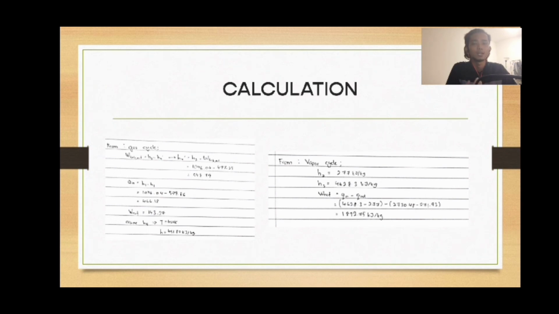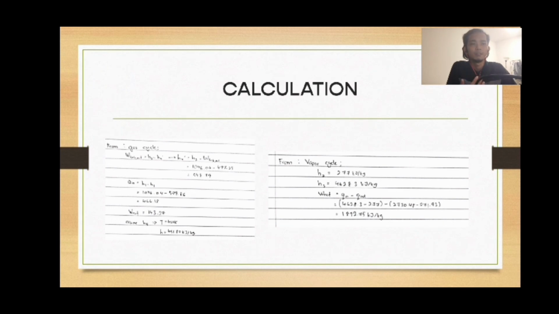From the gas cycle, I take H3 minus H4 to get the work net out, and then I take Q in and also total work net, and assume new H5.